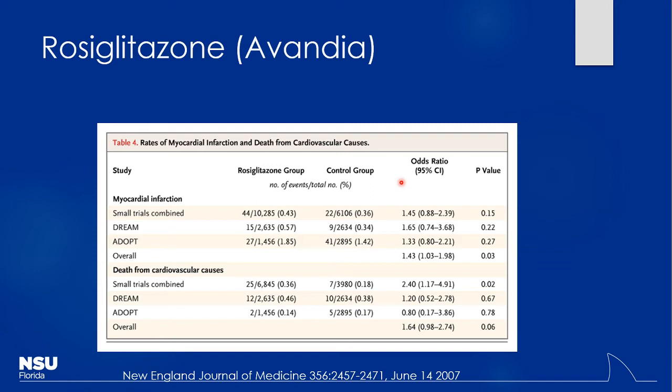I try to repress those memories, but look, we have odds ratios, and if you were to look at, for instance, this DREAM trial, it had an odds ratio of causing cardiovascular death of 1.65. So that appears to be pretty worrisome, right? What would that mean? Well, they have 65% higher risk compared to people in the control group of developing death from cardiovascular causes.